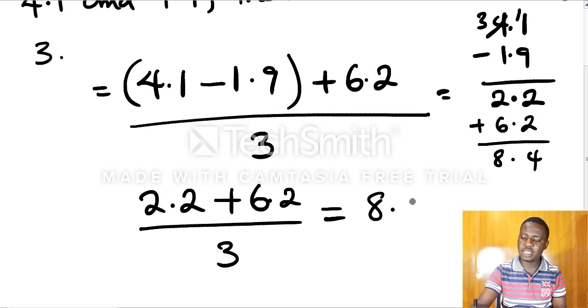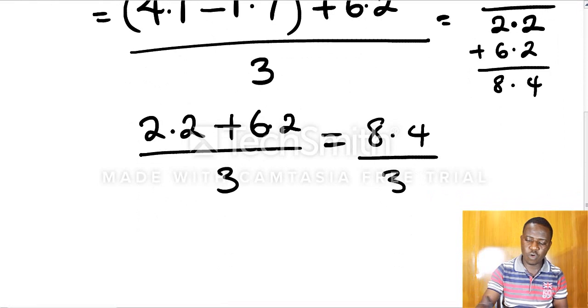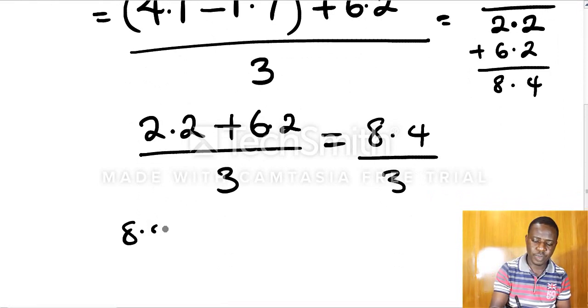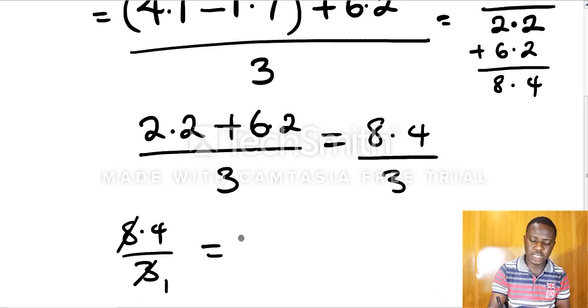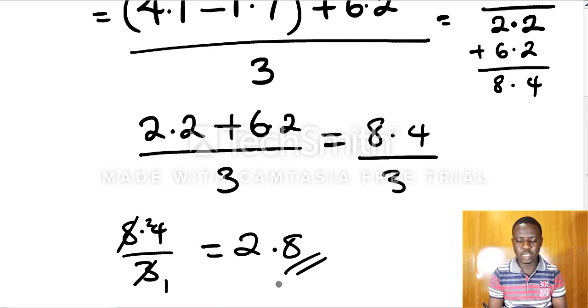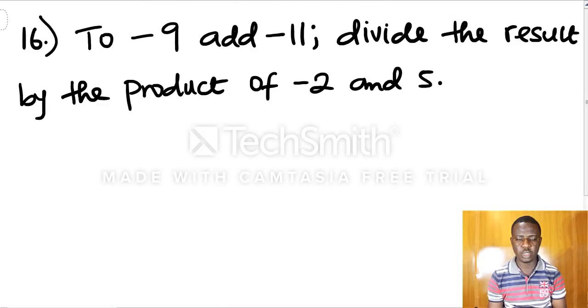That is 8.4 divided by 3. 3 into itself is 1. 3 into 8 is 2, remainder 2. 3 into 24 is 8. So our answer becomes 2.8.